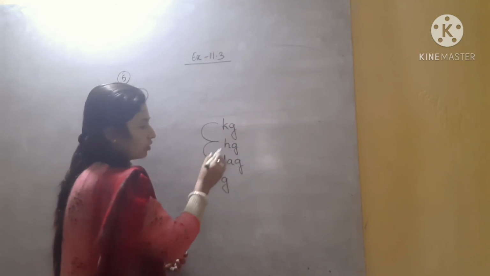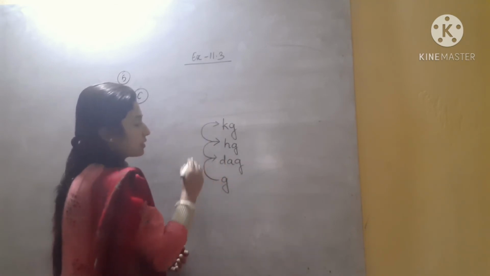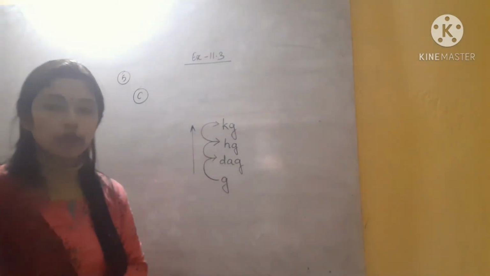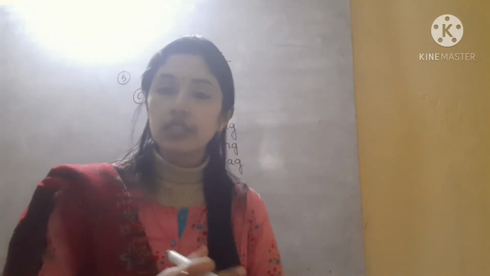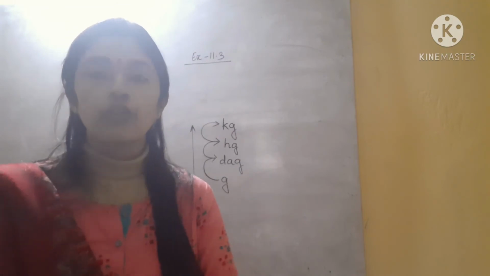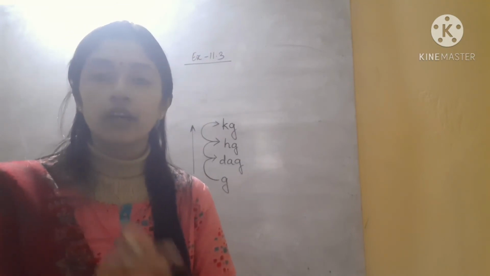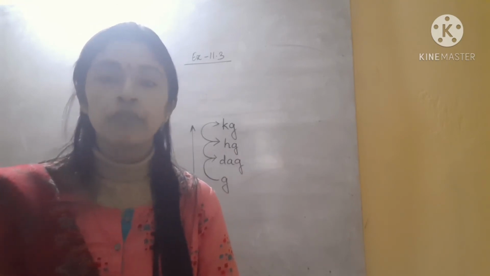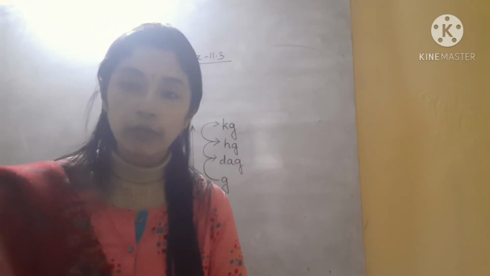Okay, 1, 2, 3. 3 steps, and we have to go what? Upward. So whenever we are going upward we have to divide, and we are going 3 steps upward, that means what? We have to divide by 3 tens, and 3 tens will be what? It will be equal to 1000. That means we have to divide by 1000.